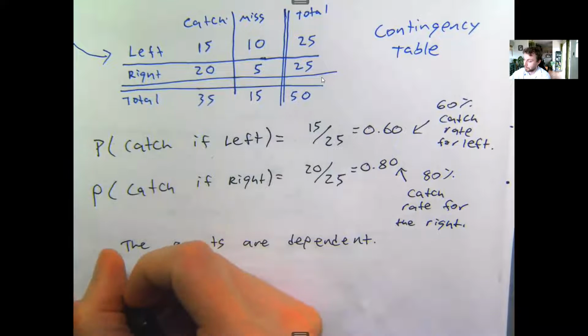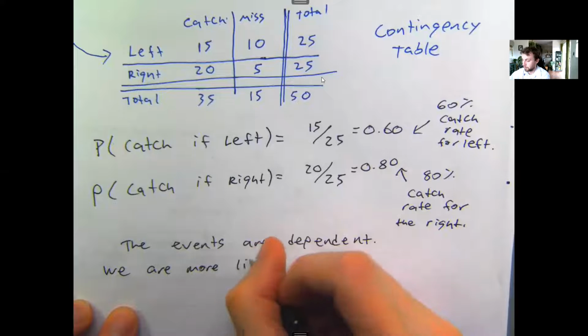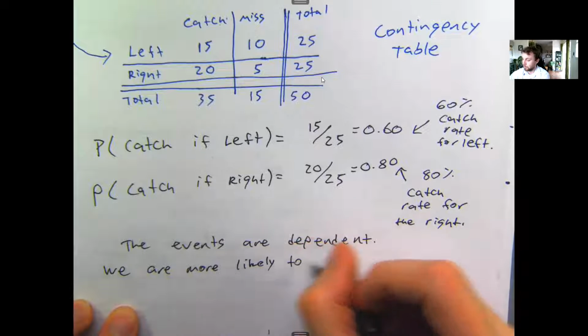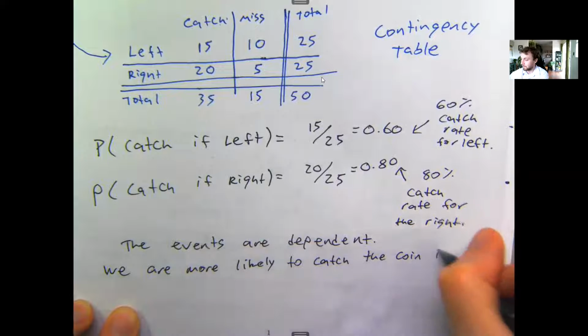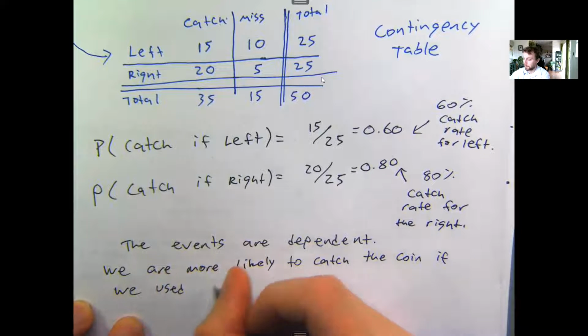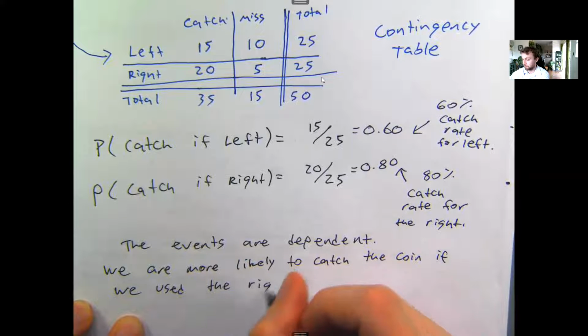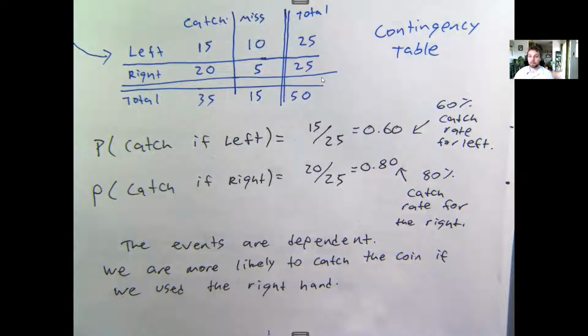In particular, we are more likely to catch the coin if we used the right hand. So this is why we might care about this, because this is really telling me the relationship between these variables. Statistics is all about trying to figure out how things are related. This is one of those connections.